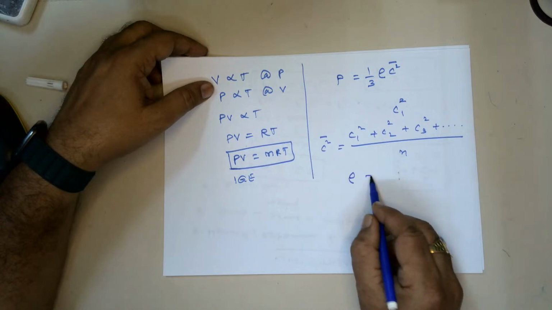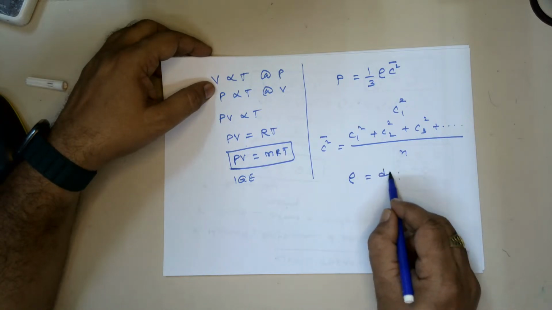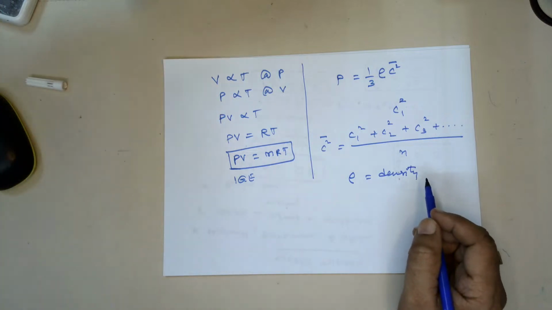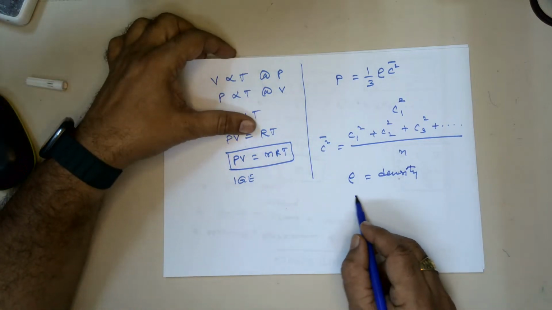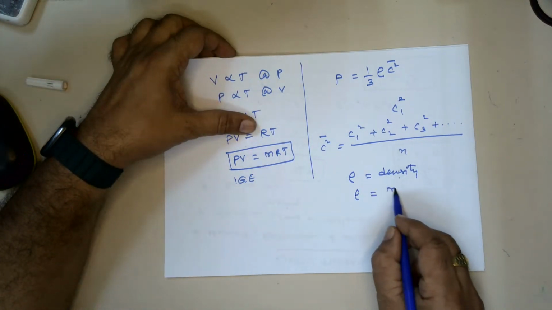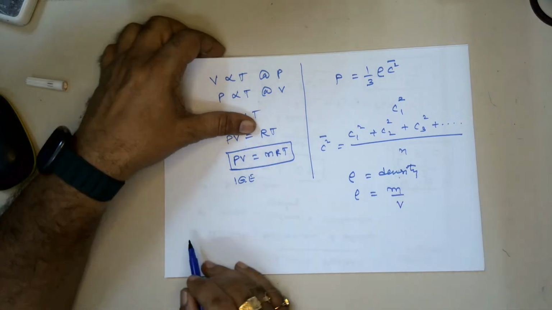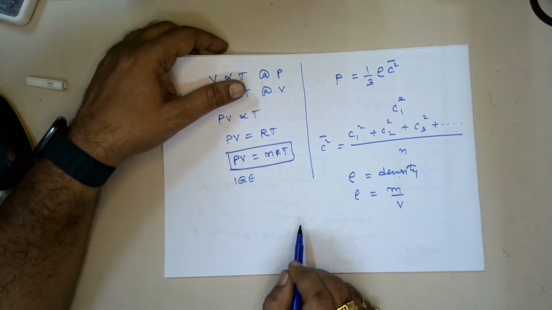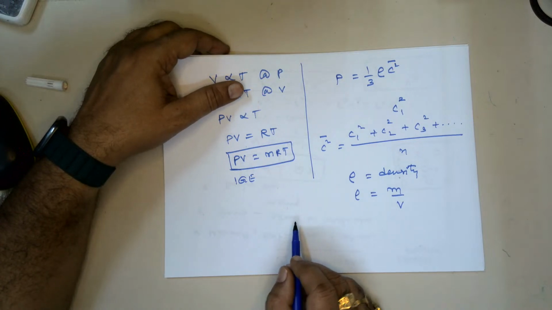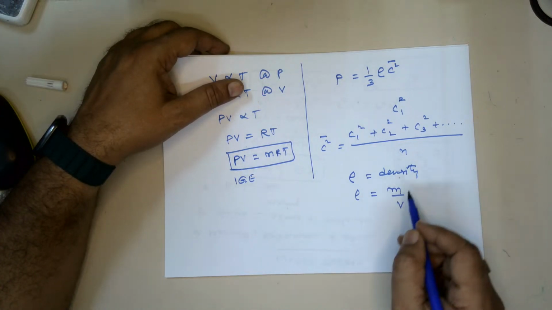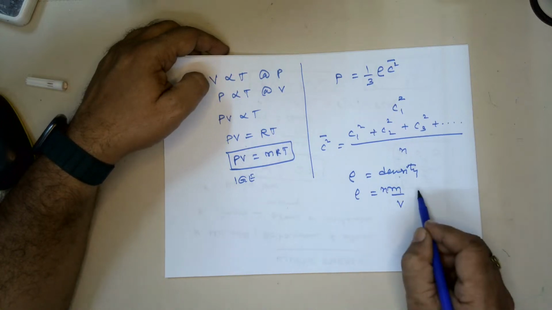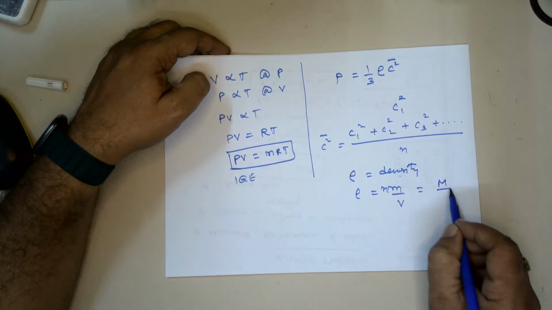Rho is the density of the gas. Therefore, rho is equal to mass by volume. That we know. And if it consists of n number of molecules, you can put nm divided by volume. That is the total mass of the gas divided by volume.